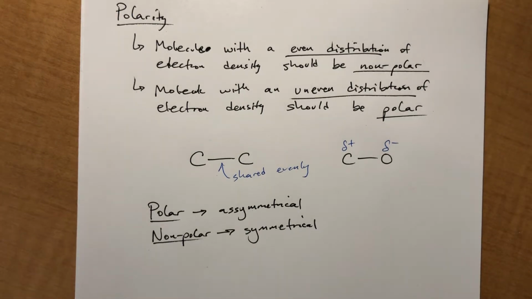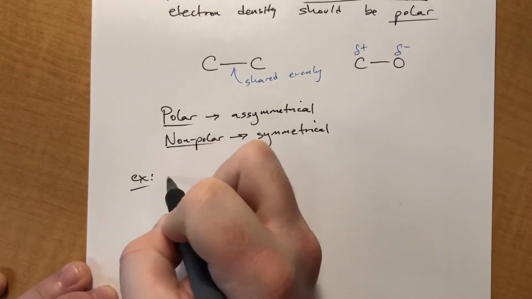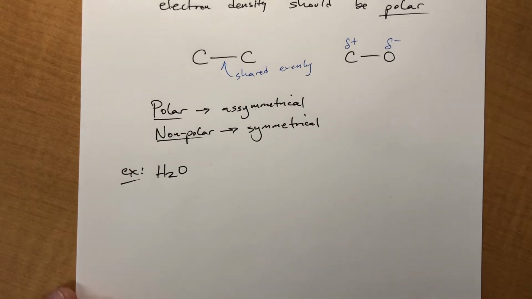Okay, so let's look at some really standard examples. Water. Water is pretty common throughout all of chemistry, and so its polarity actually affects a whole lot of things, with regards to Chem 1 and Chem 2, how things dissolve, in organic chemistry, how things react, stuff like that.